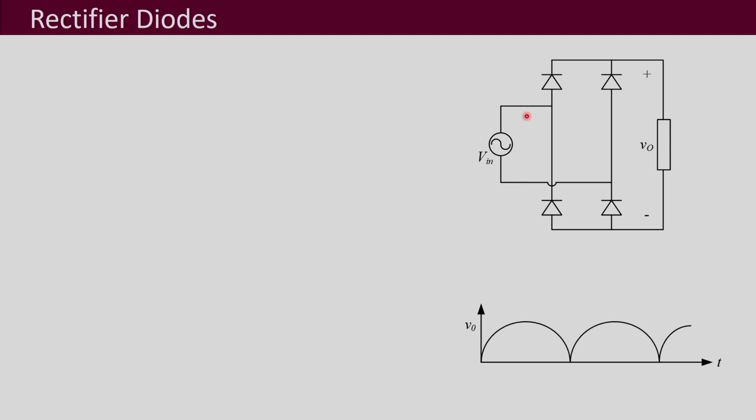So the voltage this has to block and the current it has to carry may be very high. So, when we have a rectification application, we will require high voltage blocking capability and high current ratings.